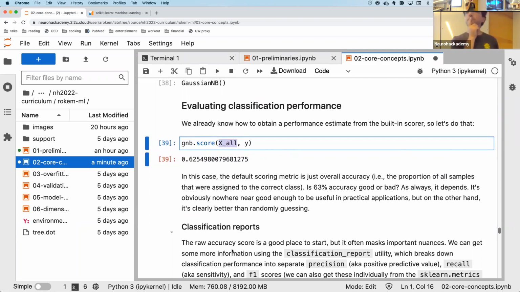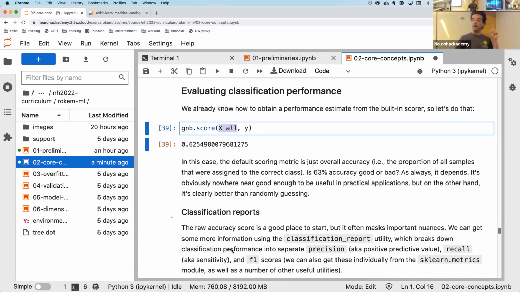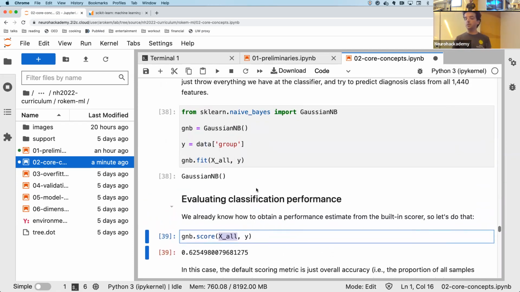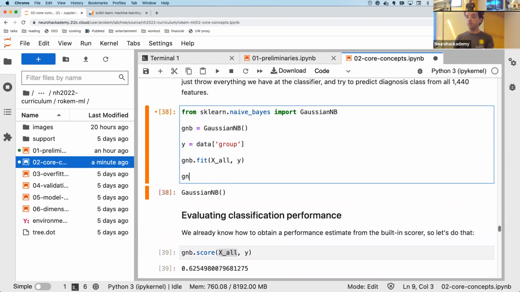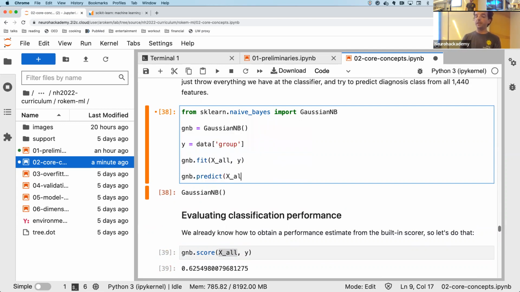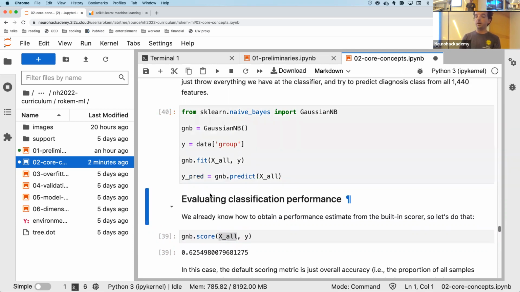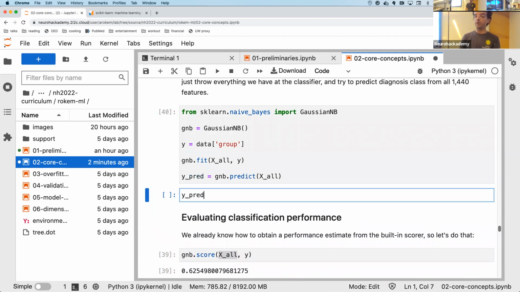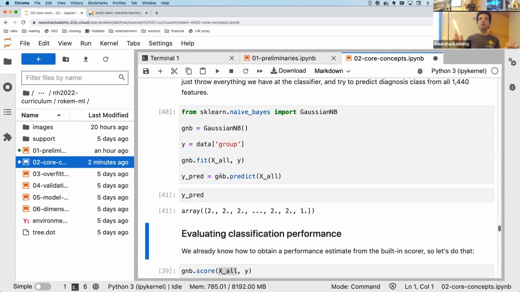Yes. I don't see that predict. Sorry, could you repeat? Predict. I'm not seeing that. Oh, yeah, there's not a dot predict here, but I think it does have a GNB dot... here it is, predict. Right. So if I gave it X all and I did that like y pred here, then now y pred has 2s and 1s, right?